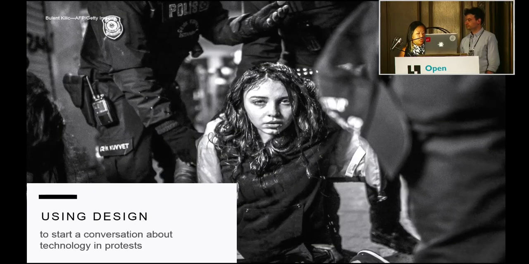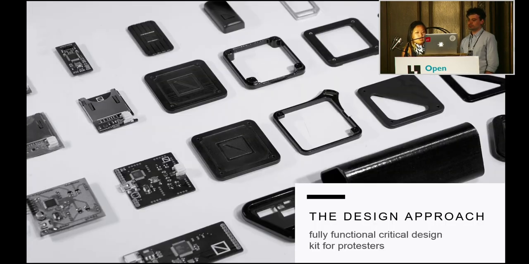So we both come from a design background, and this became a really interesting challenge to bring some of these topics to the foreground. And we wanted to create objects and devices that could help start that conversation. To do so, we created this fully functional and conceptual kit for protesters using open source designs and easily accessible parts.